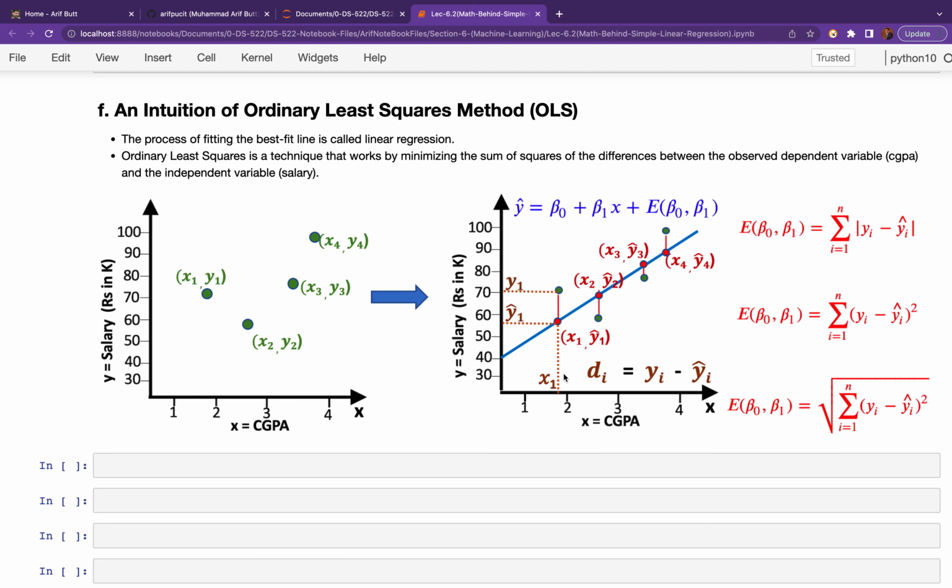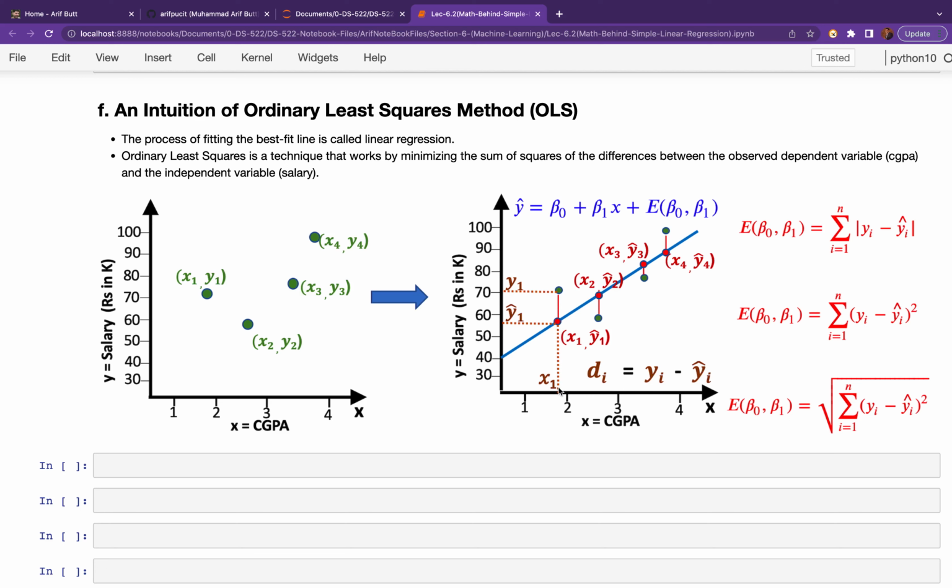So for input x1, the actual output is y1, which is this 70 roughly, and the regression line is predicting the output as y1 hat. And this vertical distance between y and y hat is called the residual error.